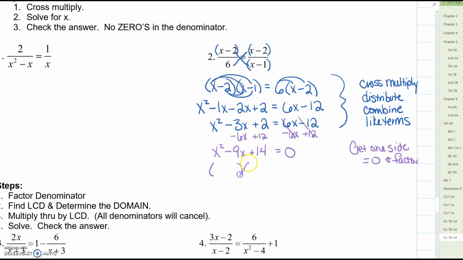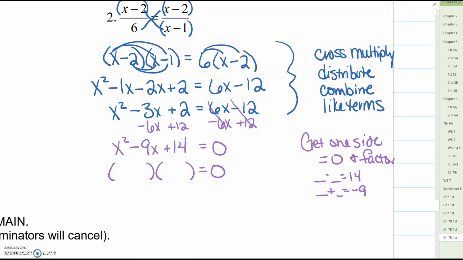When we factor, we are looking for two numbers that multiply to give us 14 and add up to -9. That would be -2 and -7.